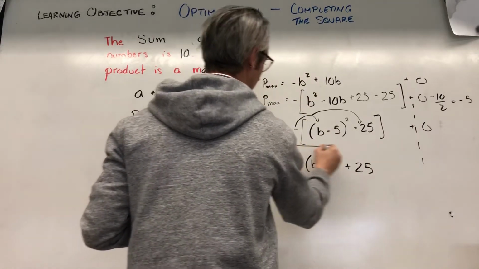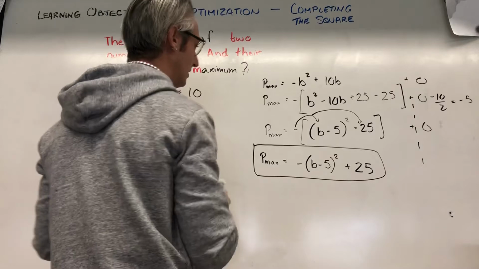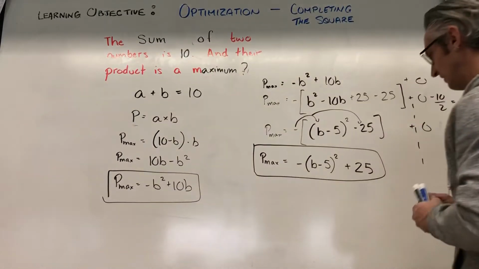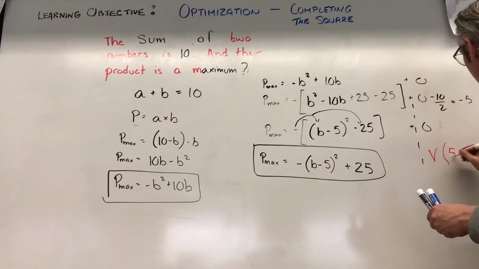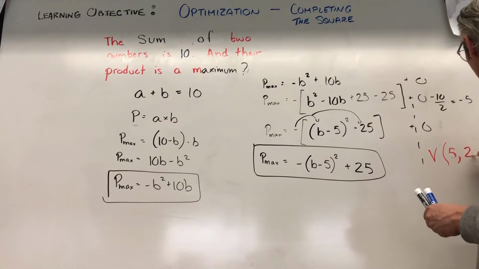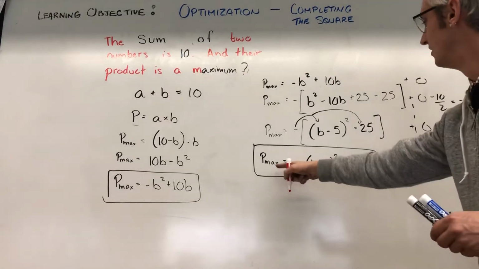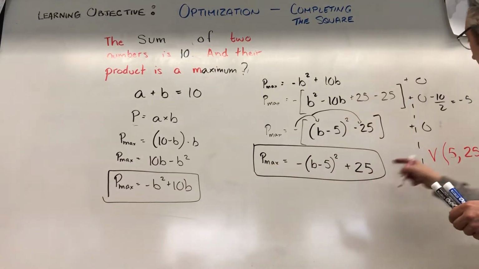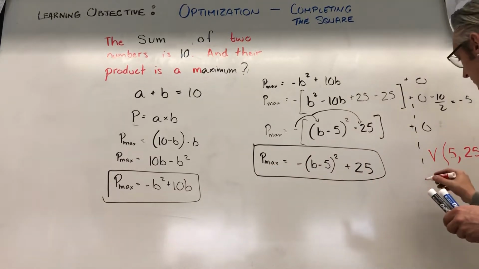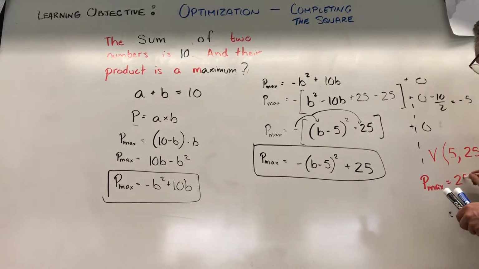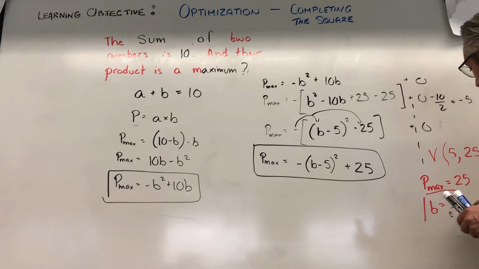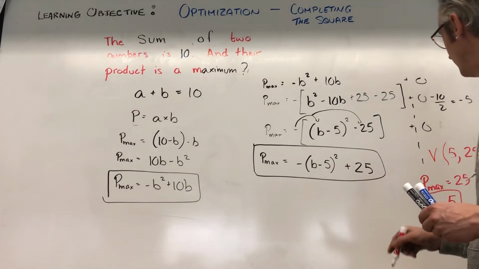And here's my equation. And so what does this tell me? Well, it tells me that my vertex is at b is equal to 5 and 25. So my y is 25, that is q. So my P max, my maximum product I can get, is 25. And it happens when b is equal to 5, where b is equal to p. Here p is 5.